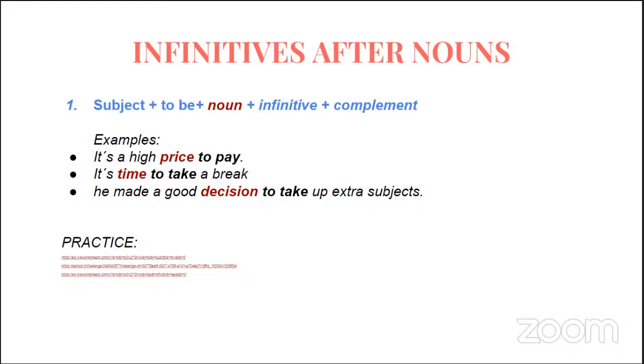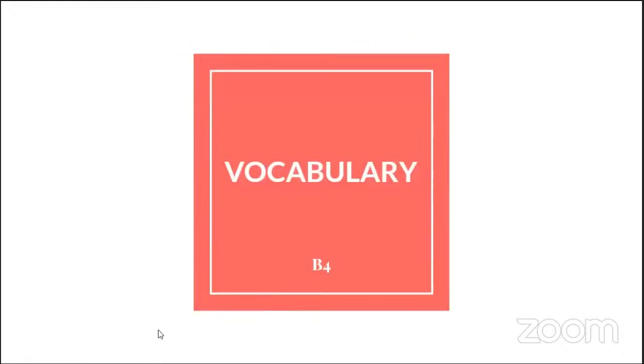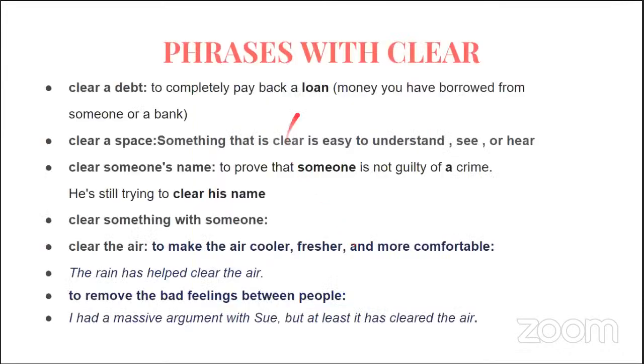Okay, thank you. Let's please move forward. And well, as I said yesterday, this is the last grammar topic on this unit, unit number 3. Therefore, let's please start with unit number 4 and let's begin with vocabulary. Vocabulary is going to be related to phrases with clear.